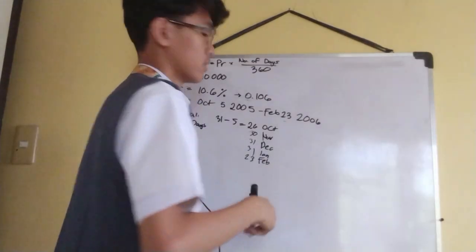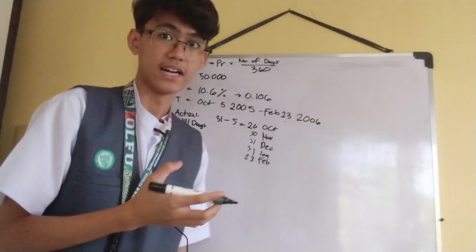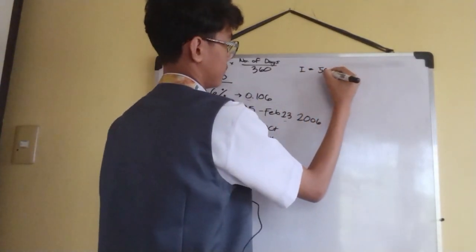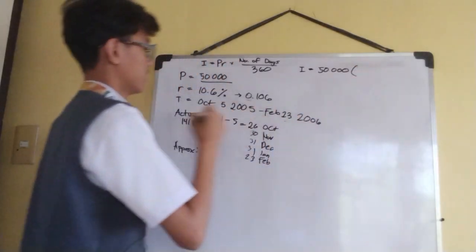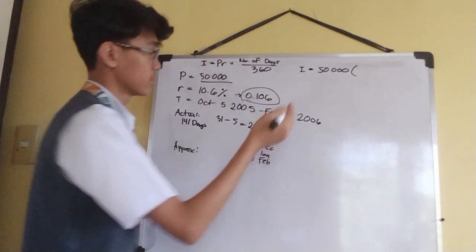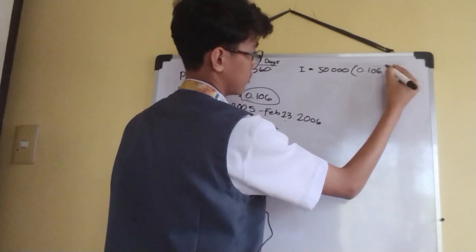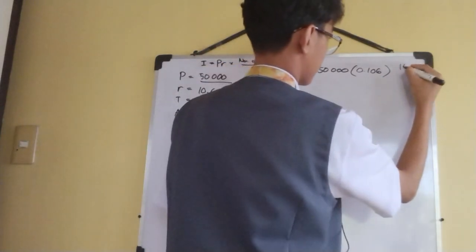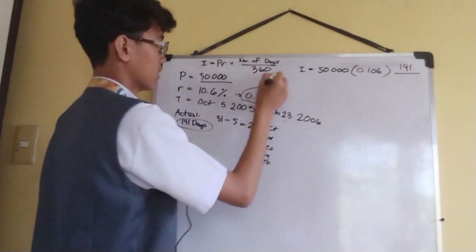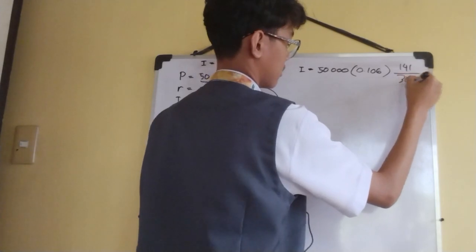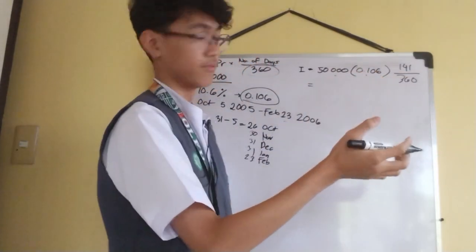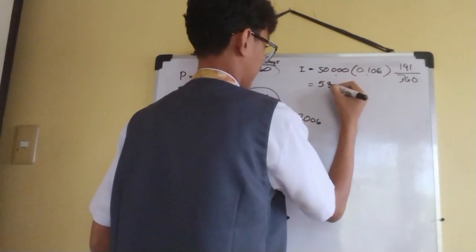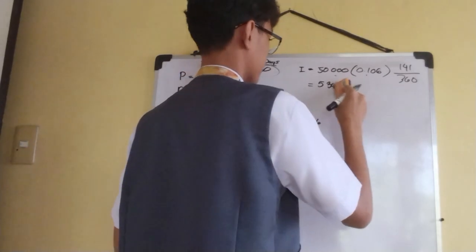Then our approximate time. So let's start solving for our ordinary interest. Our principal value is 50,000, while our annual rate is 0.106, and our number of days is 141. Then multiply them. That is our answer here.